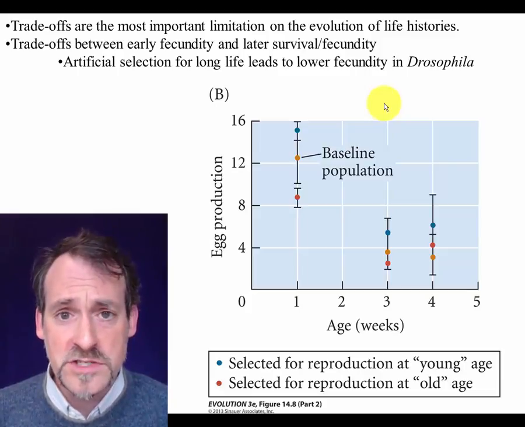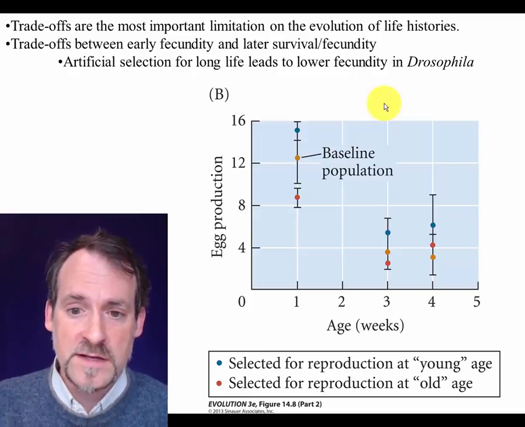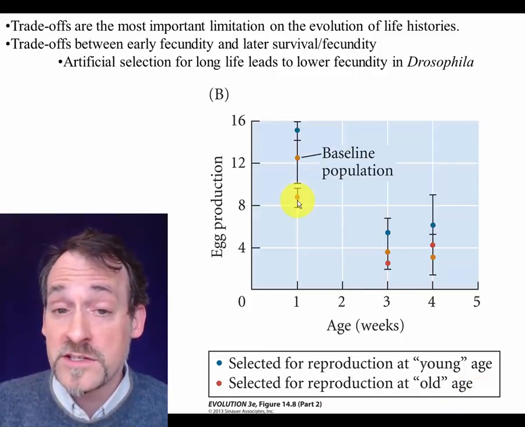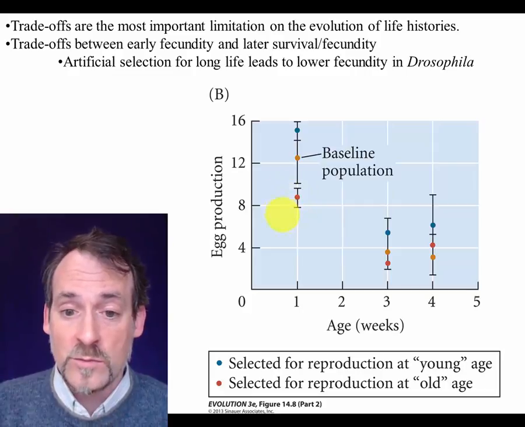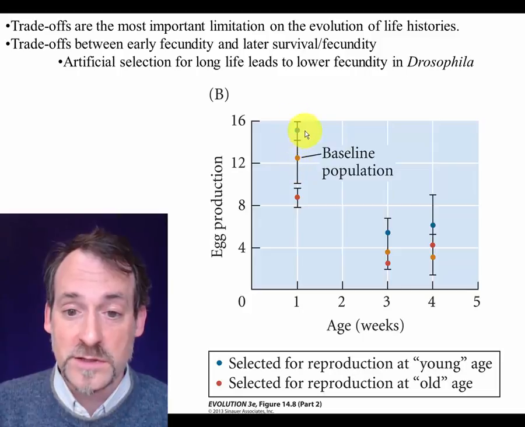But those individuals have poorer fecundity, much poorer in fact. The egg production of the line that's selected for reproduction at old age is considerably lower when the flies are young. Which means that if they're out in the wild, these individuals would not be competitively successful against those individuals.